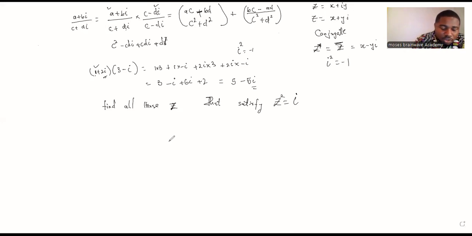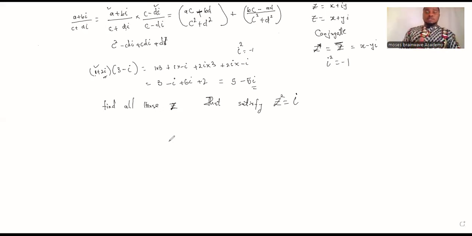Now find all the numbers where possible where this is satisfied. Now we have a technical problem over here, right? So how can you solve this particular kind of problem?